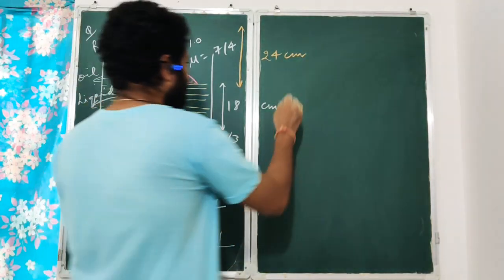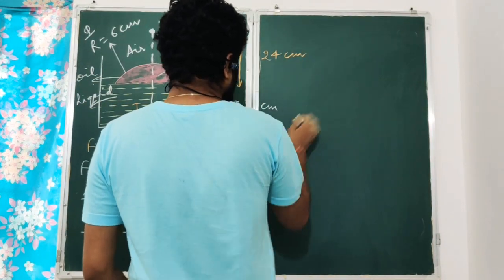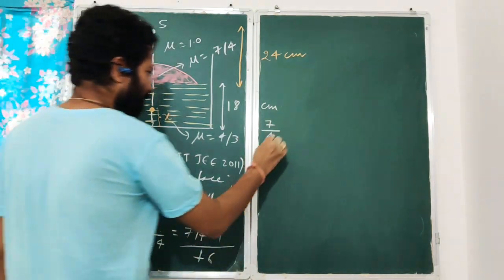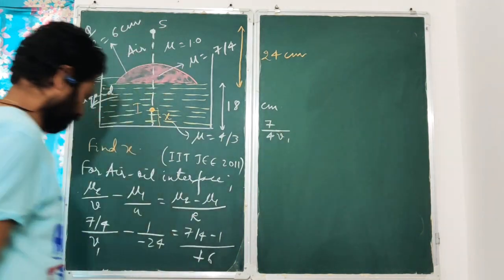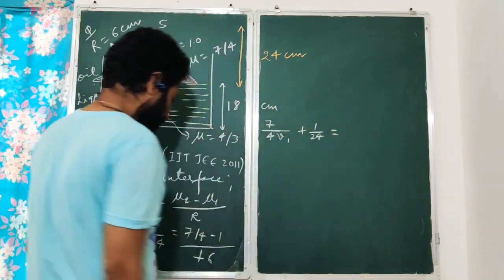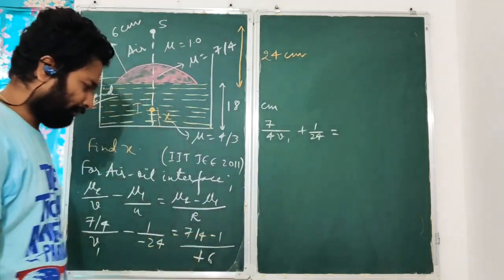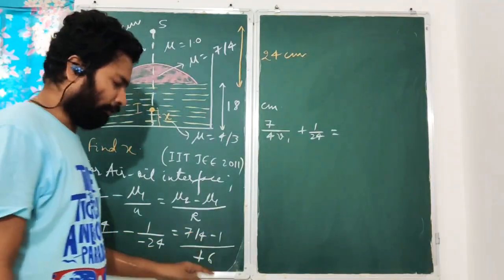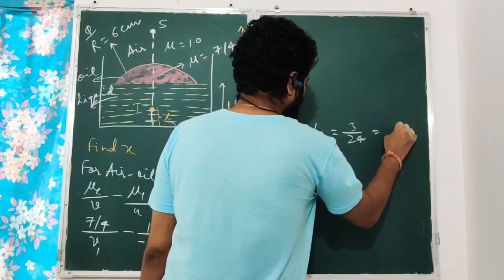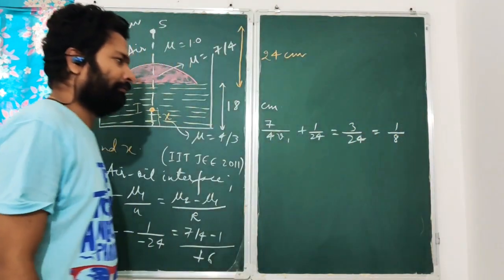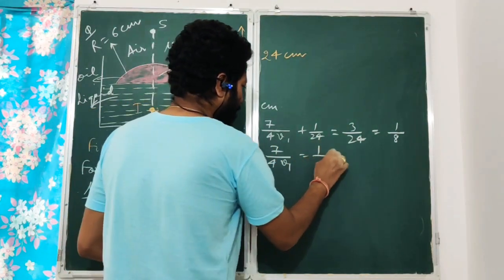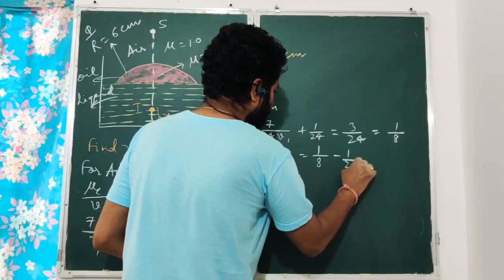So now this can be written as 7 by 4 V1 plus 1 by 24, and that is equal to 7 by 4 minus 1. So it is 3 by 4. 4 into 6 is 24. So 3 by 24, which is 1 by 8. So 7 by 4 V1 can be written as 1 by 8 minus 1 by 24.